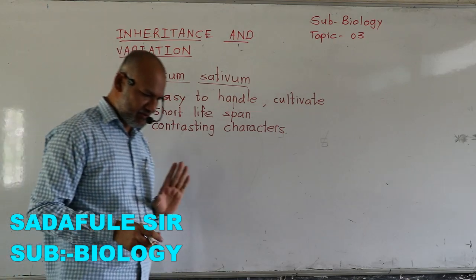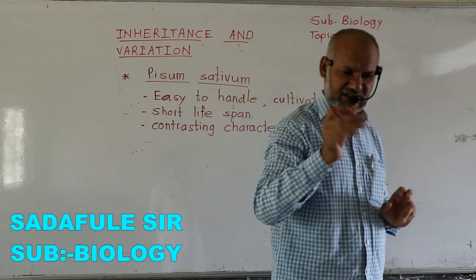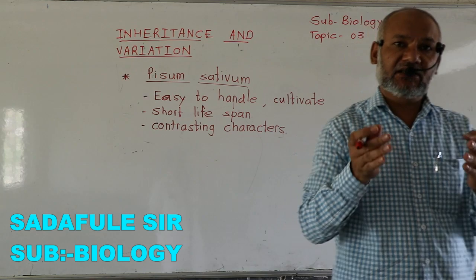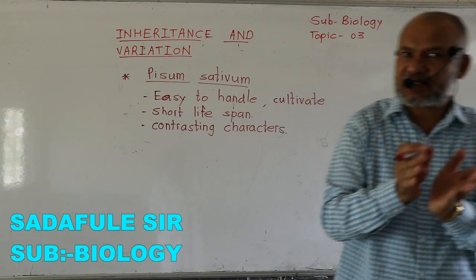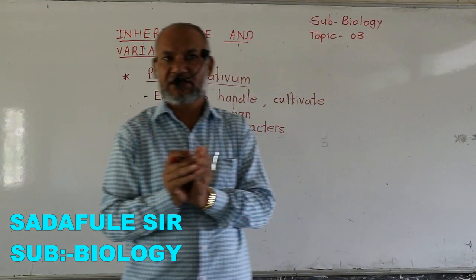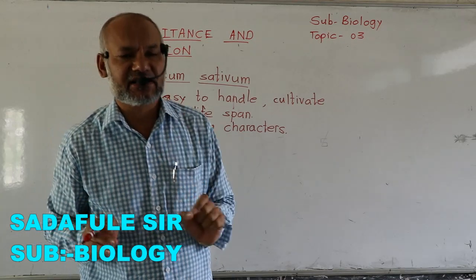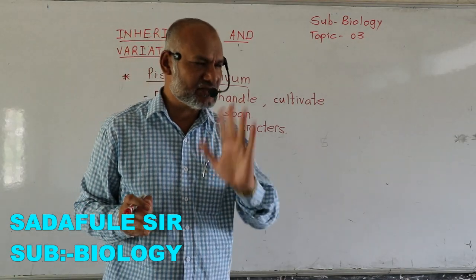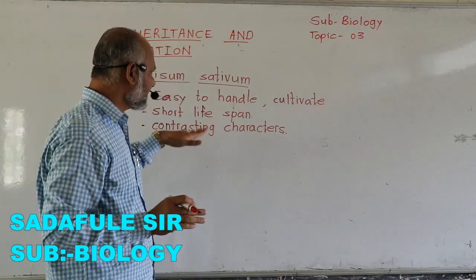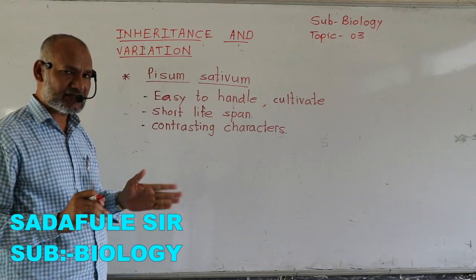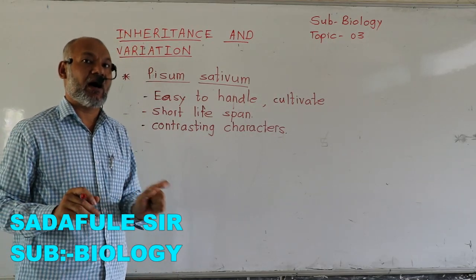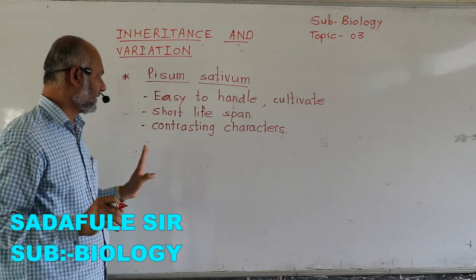In the old syllabus, there is detail about this pea plant, and the question is also asked in examination: why did Mendel select pea plant? But in the new syllabus, there is no such description given. But we have to know why Mendel selected the pea plant.